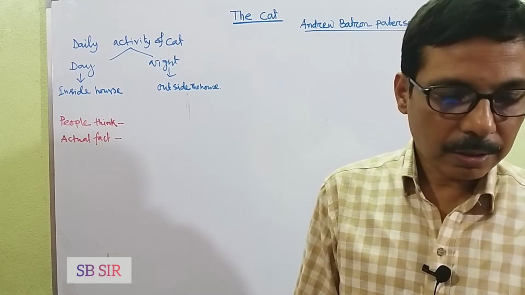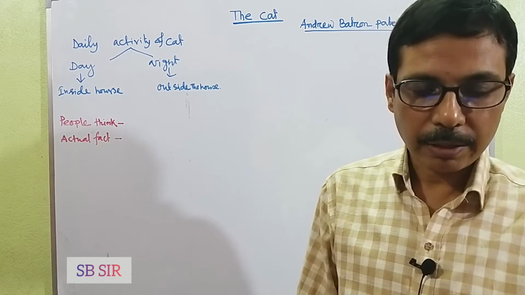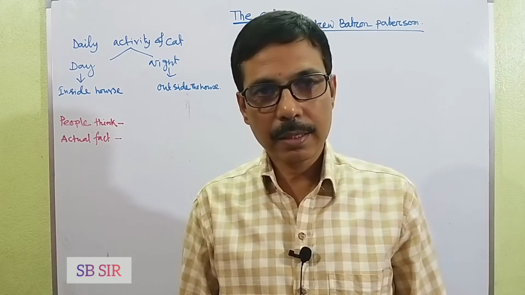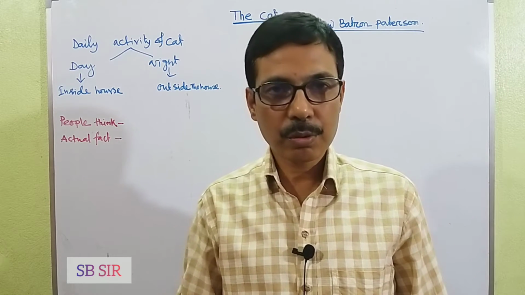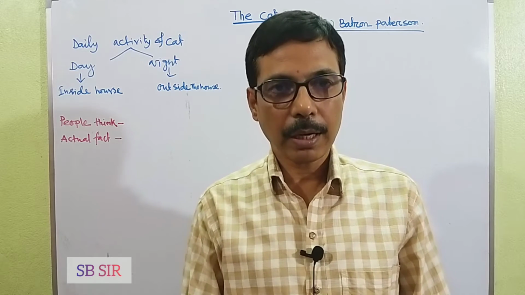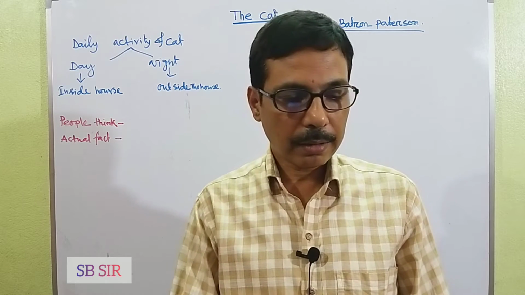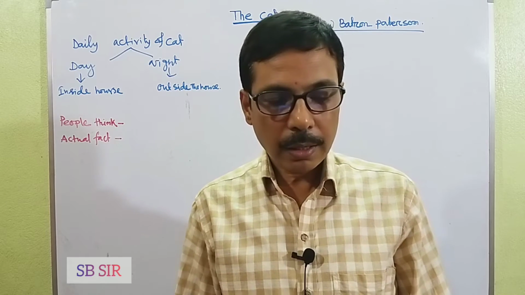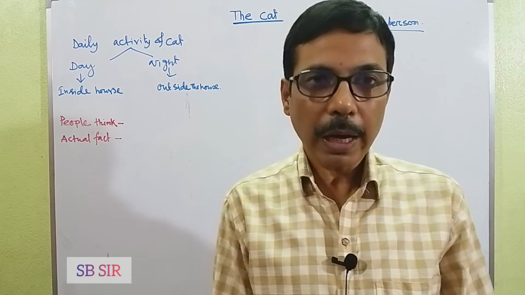If there is a guest at the table, the cat is particularly civil to him. If a guest comes to that house and is present at the dining table, the cat becomes very gentle to the guest. Why?